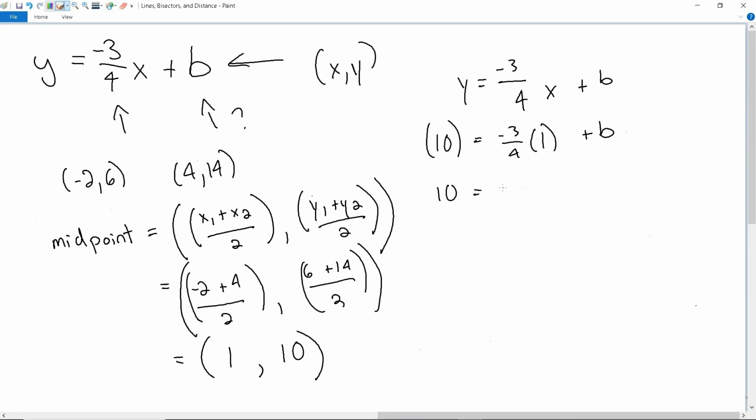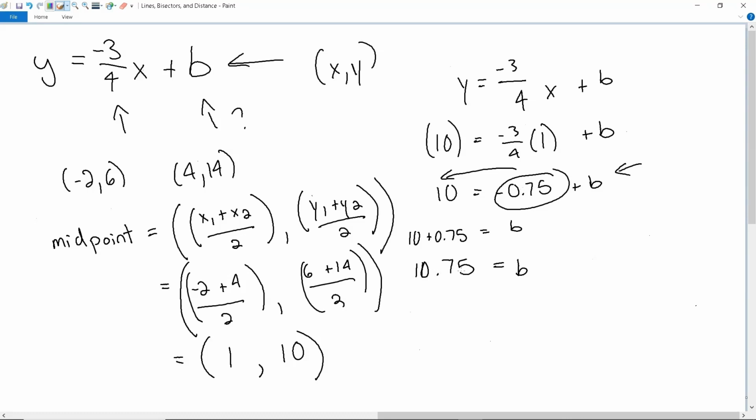So -3 over 4 would be -0.75. And to isolate for b and solve for it, I need to move this over here. So this is our b value. And if I rewrite the entire equation, it will look something like this.